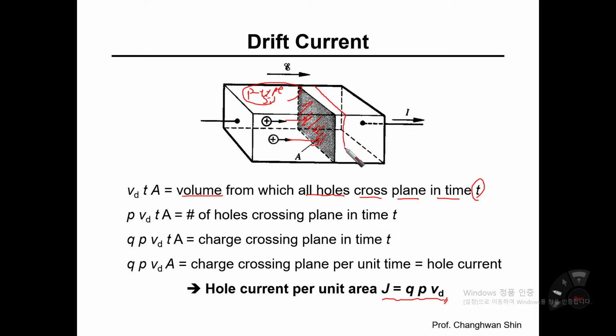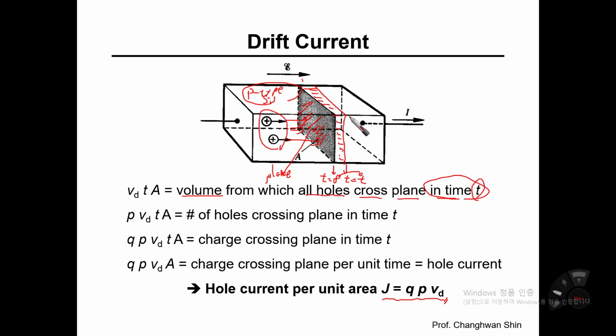If I draw the volume that we are interested in, it would be this guy. So we're going to measure how the holes are moving from time 0 to time t. From 0 to t, all holes have crossed this plane.